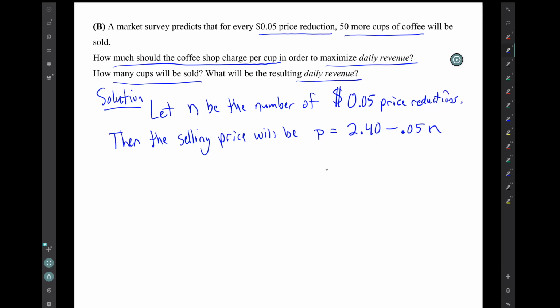And then what else are we told? We're told that each time you lower the price by 5 cents, 50 more cups of coffee will be sold.